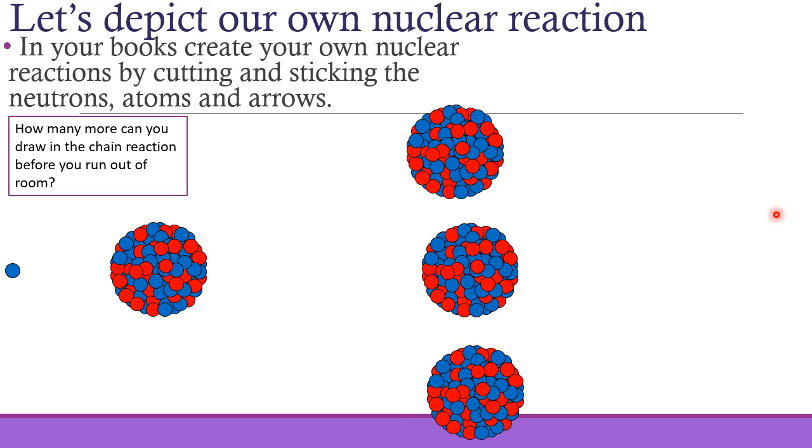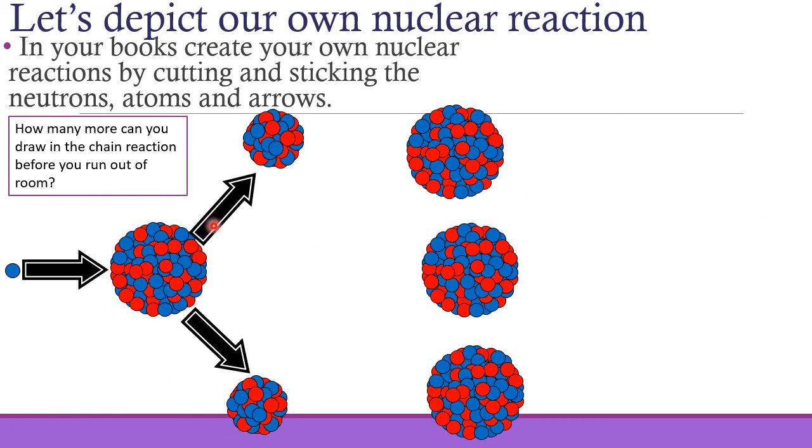We have our one neutron here, and it gets fired at our stable atom. This becomes unstable and splits into two further atoms here, and also releases 3 neutrons.